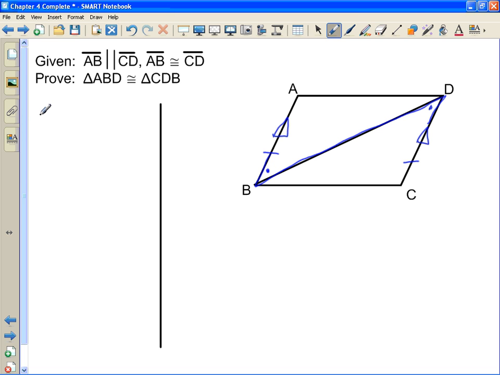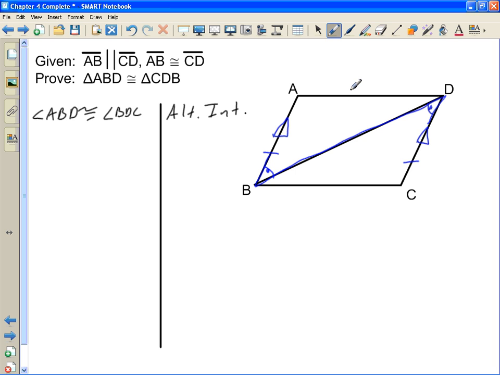So I can say that angle ABD is congruent to angle BDC because they're alternate interior. So I've got this angle now. Okay, so give them the same symbol.